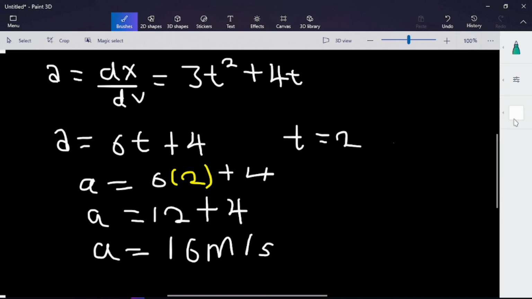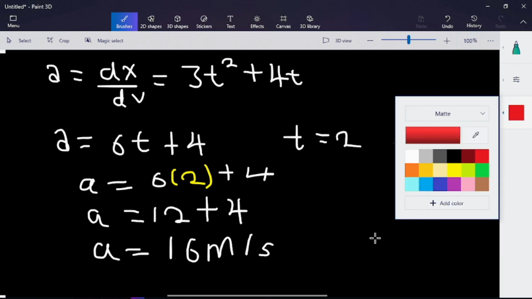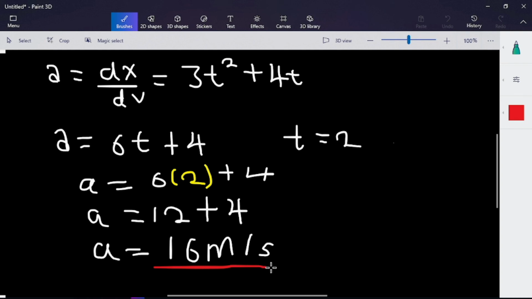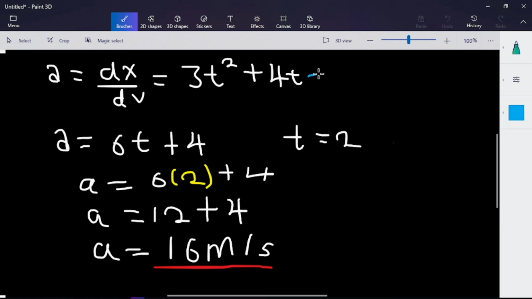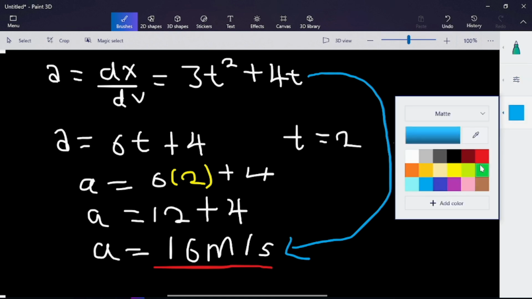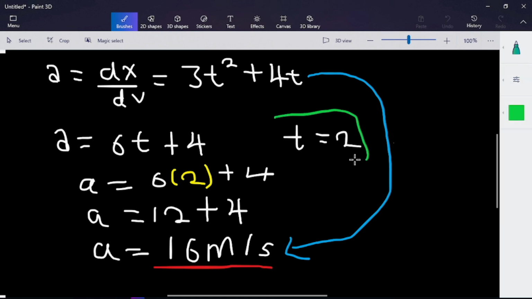So then this is our answer after we differentiate that. So notice that we had this velocity term and then we have managed to convert it into acceleration given a specific time at a point.